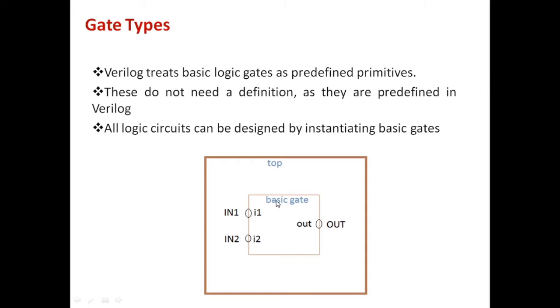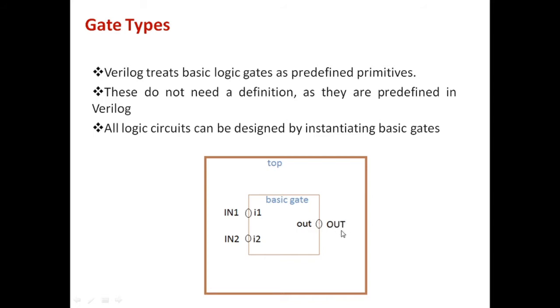Once the basic gate has evaluated its output, the output is sent to the output port here. This capital OUT is also a signal that will extract whatever output the basic gate generated.